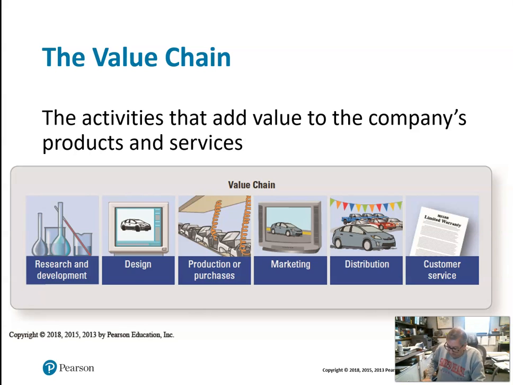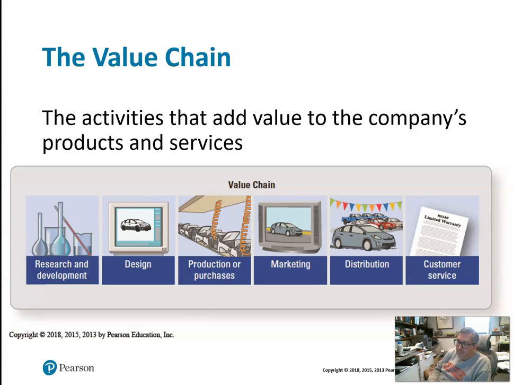And so companies will spend a lot of time trying to be sure that they're being efficient about where their product is and how quickly they can get it to their customers.